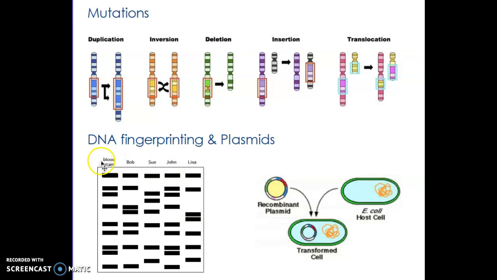So for example, the blood stain matches John, so he would probably be the suspect in this case. If you're matching for parents, half of the line should match the mom and half should match the dad. You can also use this to figure out common ancestors. So the more lines they have in common, the more closely they're related.